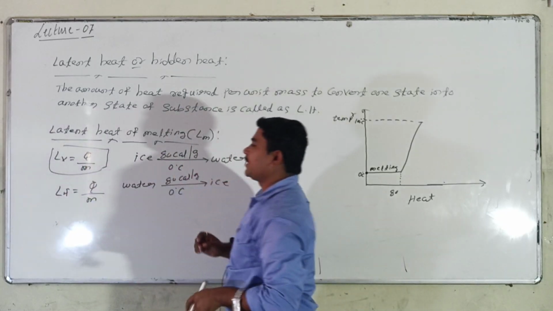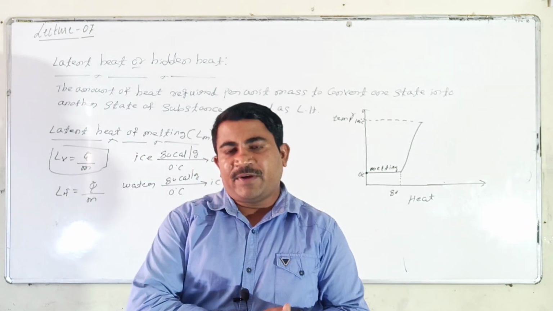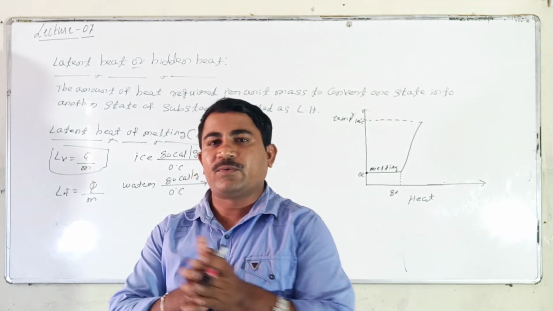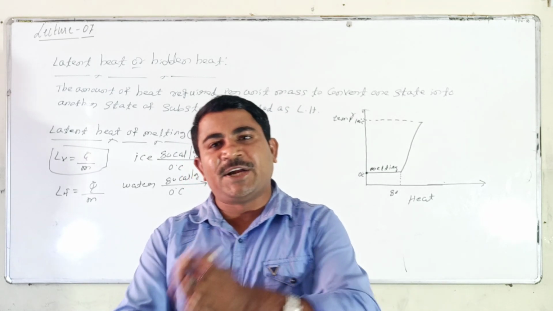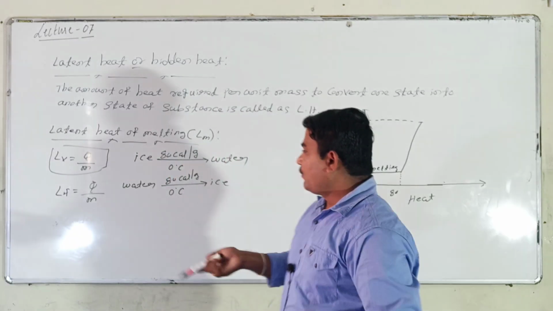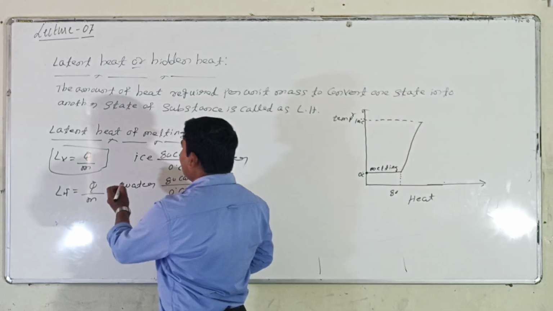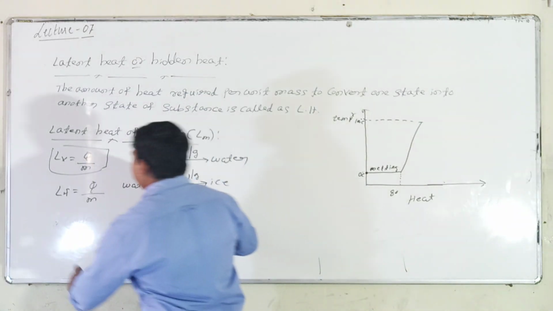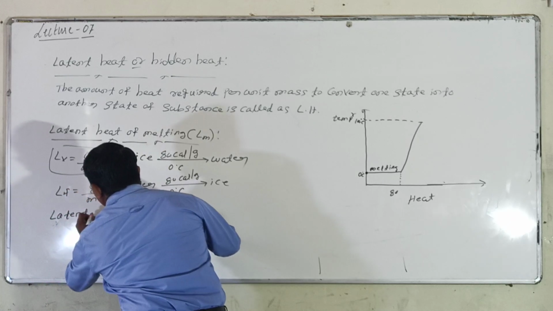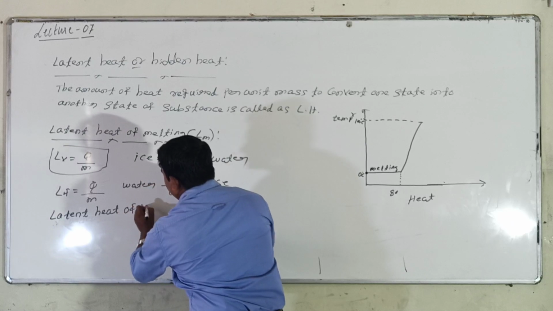It is the reverse of latent heat of melting. Later on, we can convert liquid state into gaseous state. To convert liquid state into gaseous state, we need some amount of heat. On that, we are defining one more physical quantity: latent heat of vaporization.